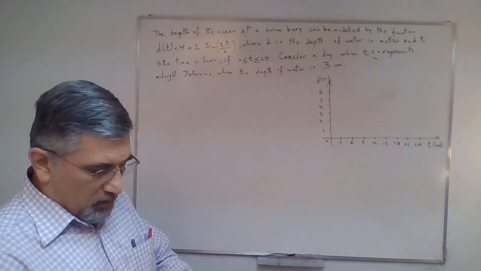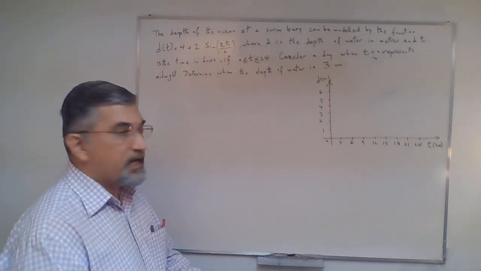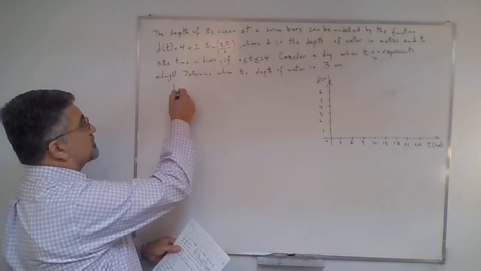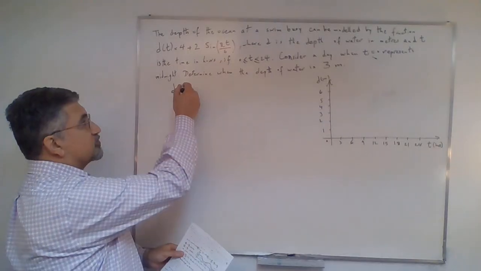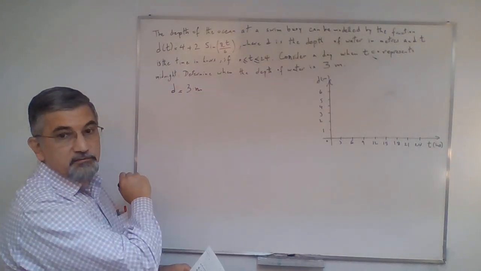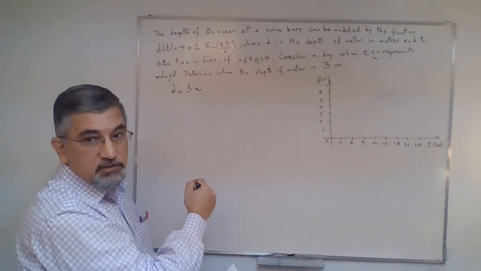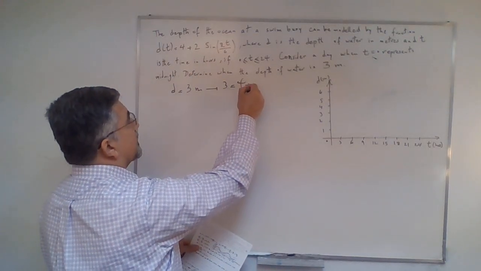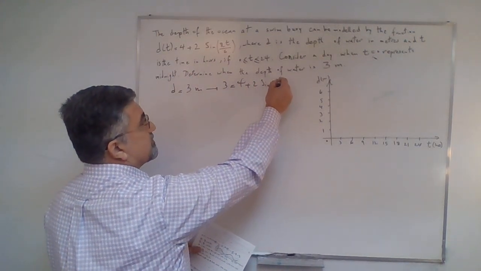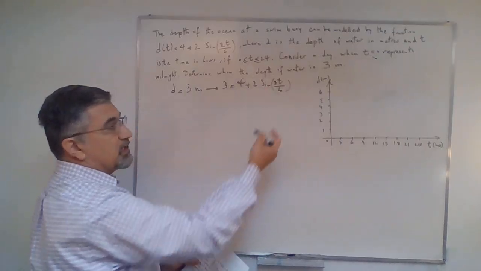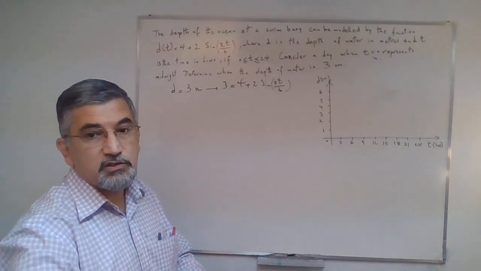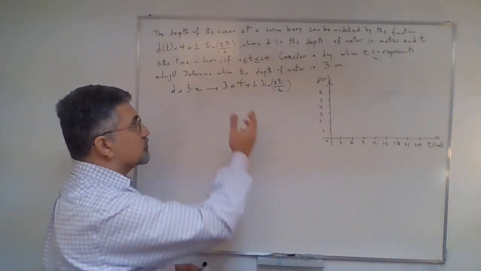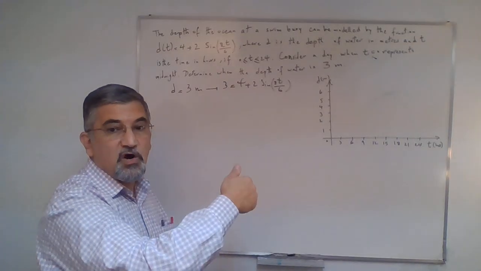So to do the question, we're going to say that d, the depth of the water, is supposed to be 3 meters, right? So we have the equation. So we can substitute 3 for d, and what you see in front of you is nothing but a trigonometric equation. So you need to solve this trigonometric equation for time t.